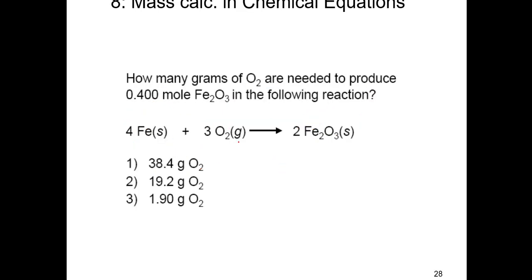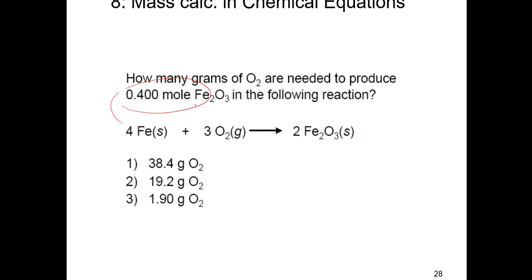Here's another problem, only this time we're going to start off with the product moles, and they want to know how many grams of O2 are needed. Now, this stoichiometry stuff, it doesn't matter if you start with your reactant grams or moles, or whether you start with your product grams and you work backwards. The method is the same, and the process is the same.